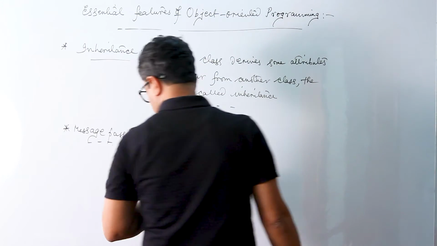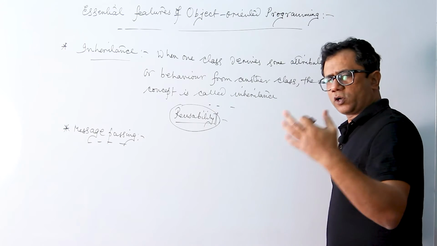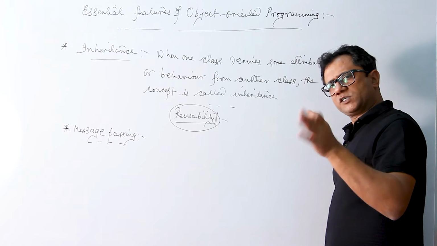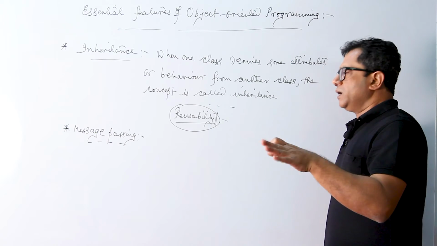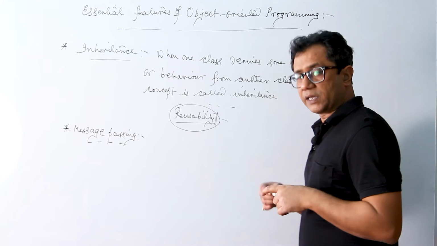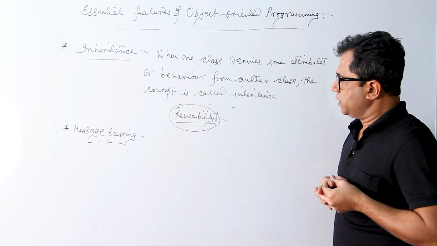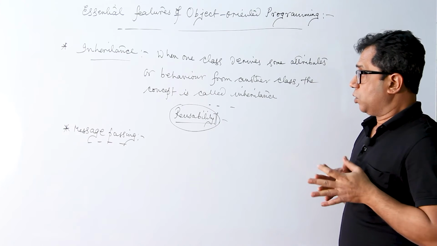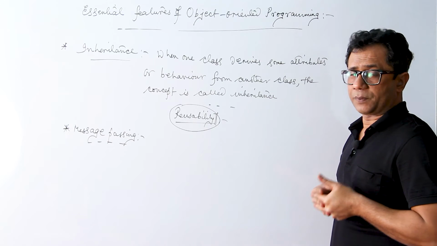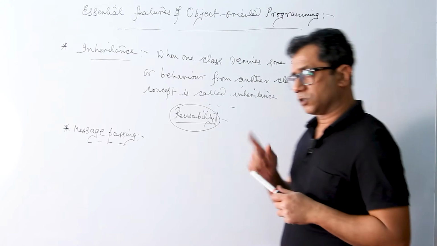Message passing is nothing but when we call a function, when we try to implement a function or an operation to be applied on some data members of a specific class, then we call the function, we invoke the function, not merely by calling the name of the function as we have seen in normal procedure oriented programming languages like C. We will call the function with the help of an object of that class, separated from the function name by means of a period operator, that is a dot operator.